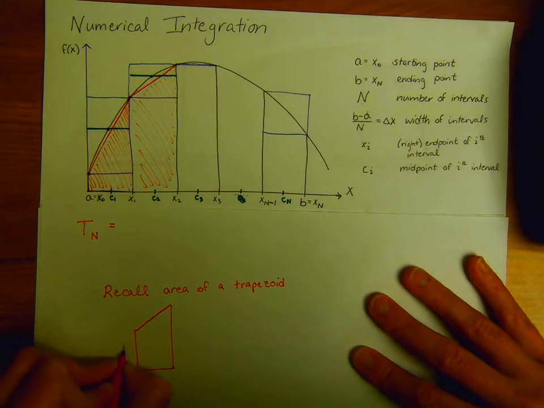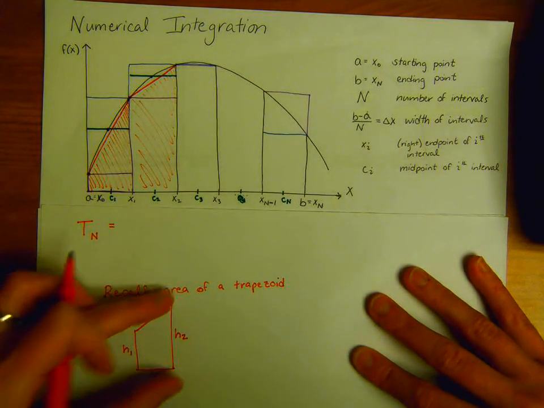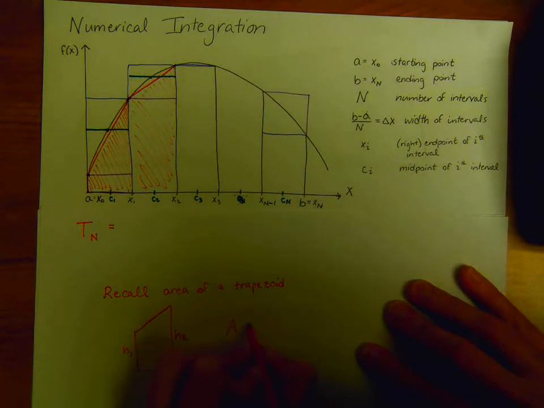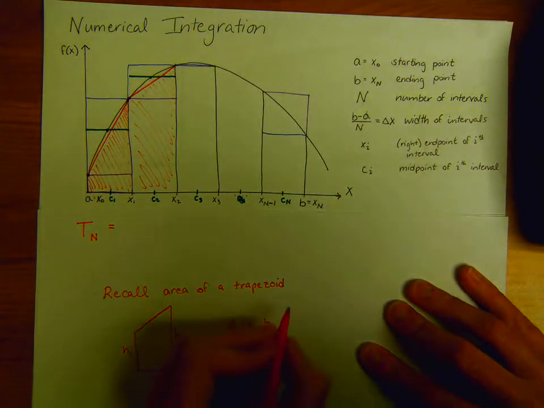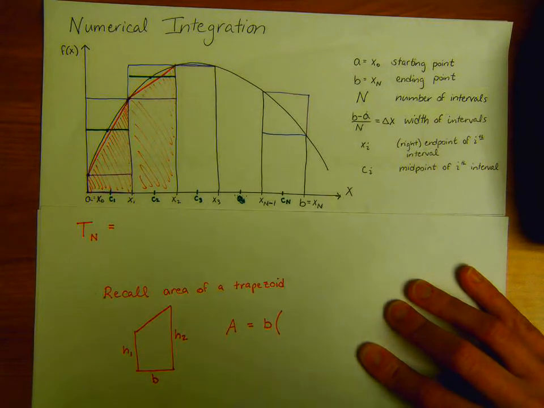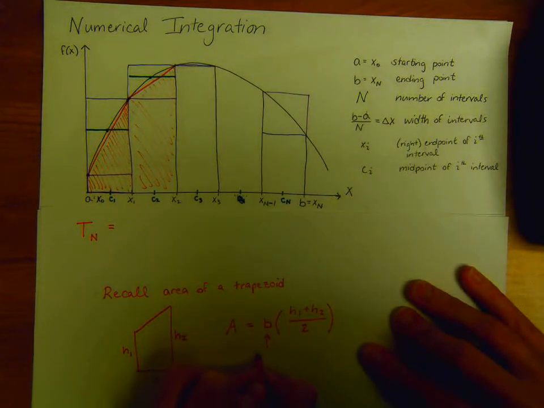So if I think of this as height 1 and height 2, because there are two different heights here, my area is equal to the base length of the trapezoid multiplied by the average of the heights. And what's the average of the heights? It's the sum of the heights divided by 2. So this is the base, and this is the average height.